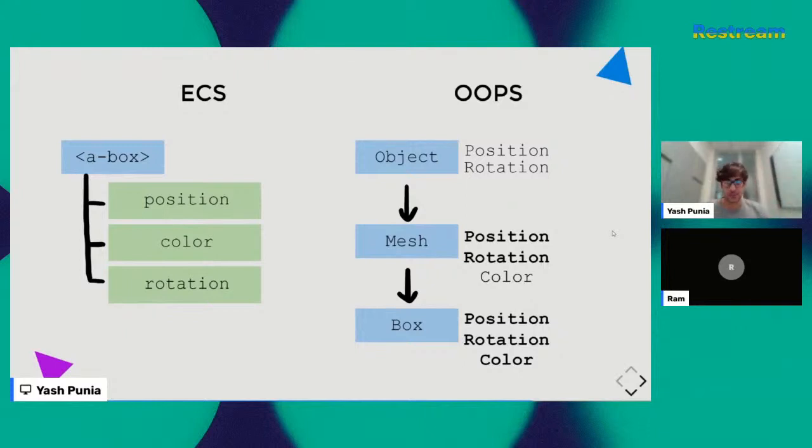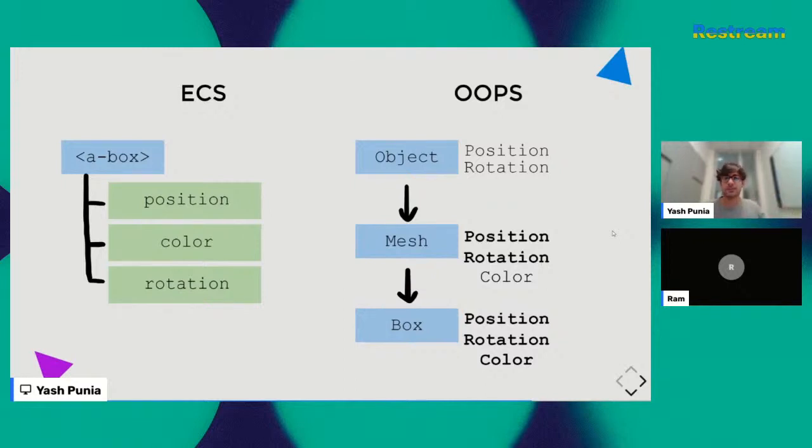There's a hierarchy in OOPS, but ECS, or entity component system, takes a very different approach. Basically, there's an object and you associate functions or attributes to it. So there's a dolphin, it can swim, it's a mammal, so it gives birth, it does not produce eggs, and it breathes, it eats.